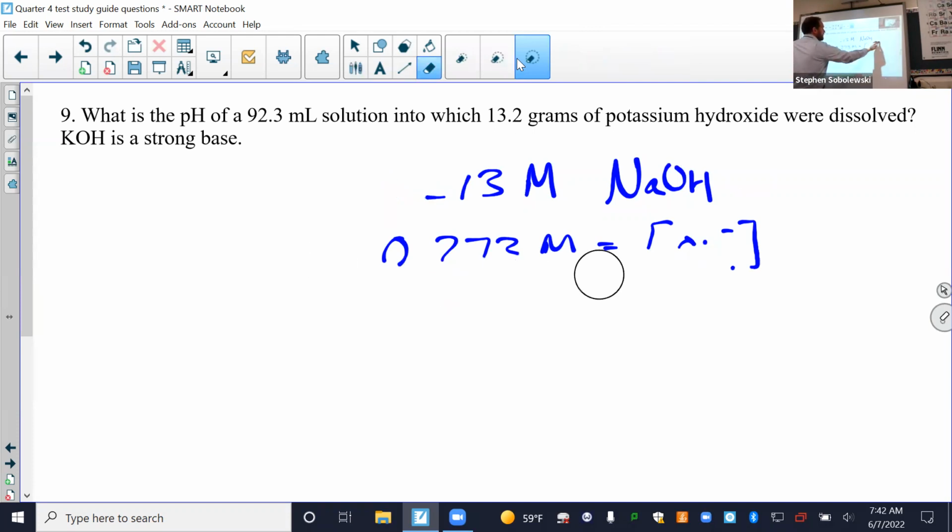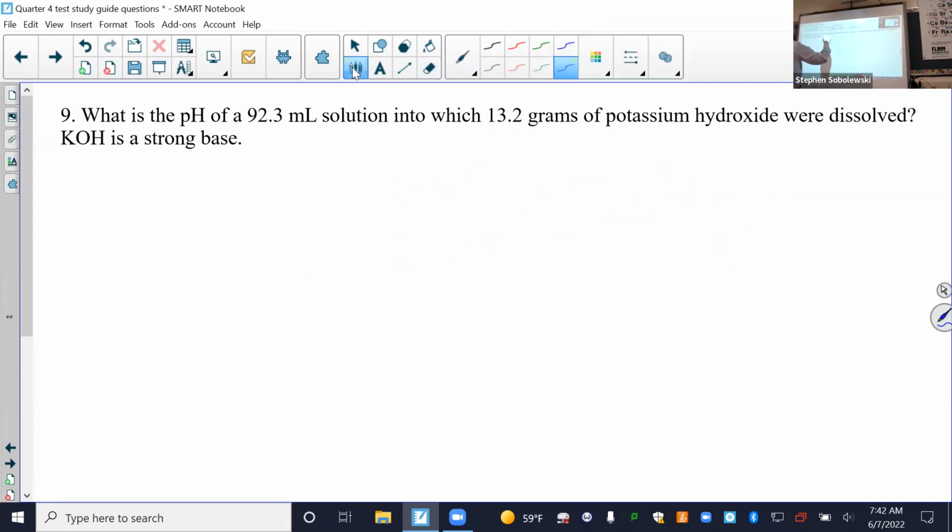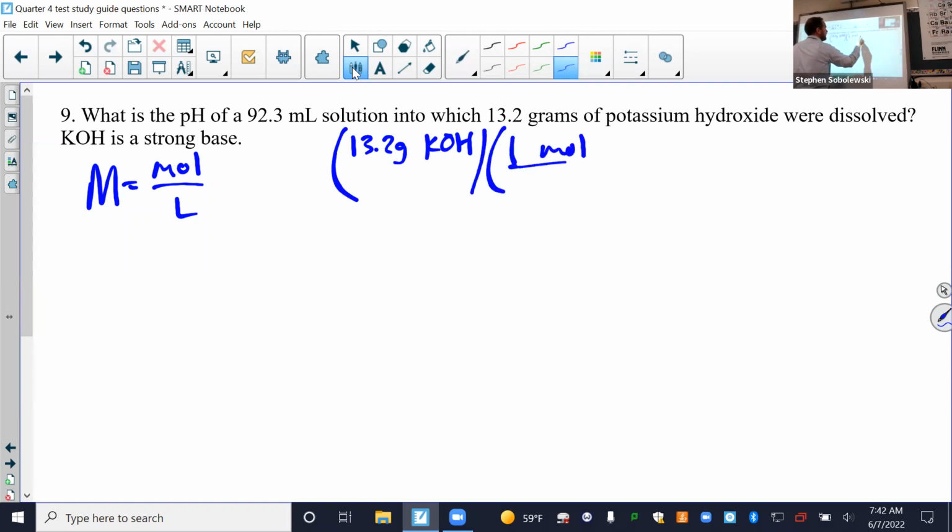So let's solve for what our molarity of base is. So remember, molarity equals moles per liter. I have grams of KOH, so 13.2 grams of KOH, times 1 mole over 39.098, that's my K, plus my O is 16, plus my H is 1.01, 56.11.